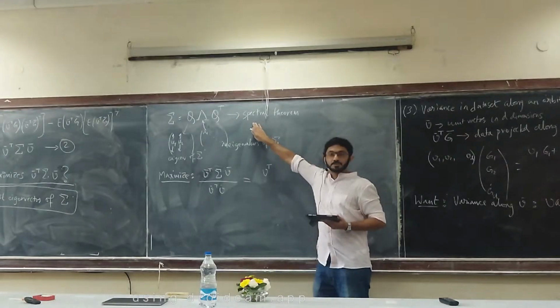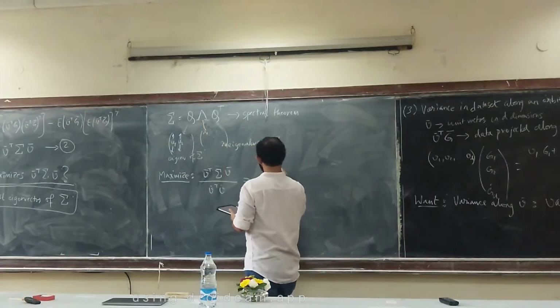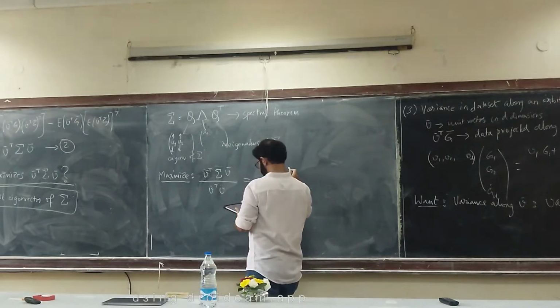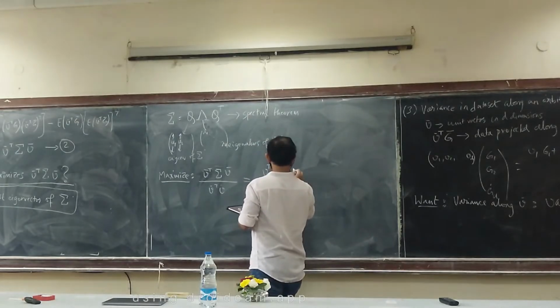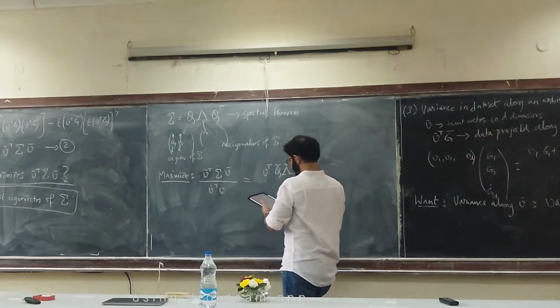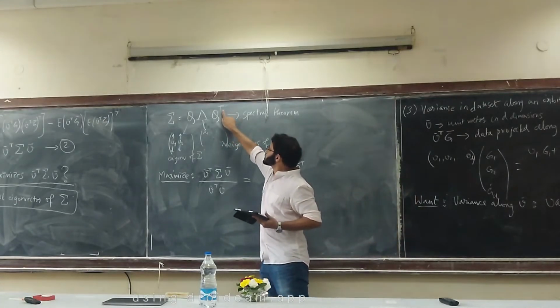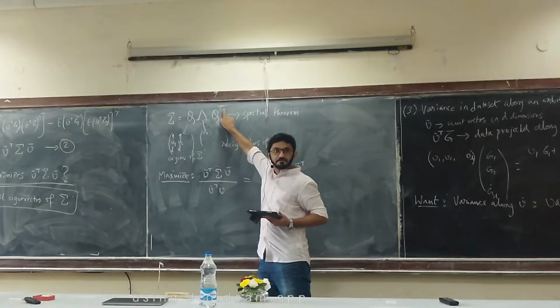You use that spectral theorem to plug in this over here, right? You have Q, the same here. One thing, if you've not noticed, I've written a transpose here. Usually you write this as an inverse.